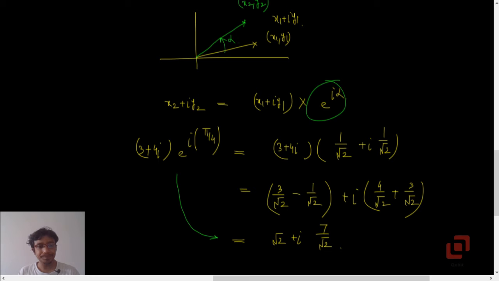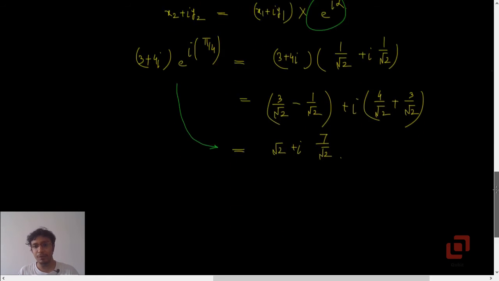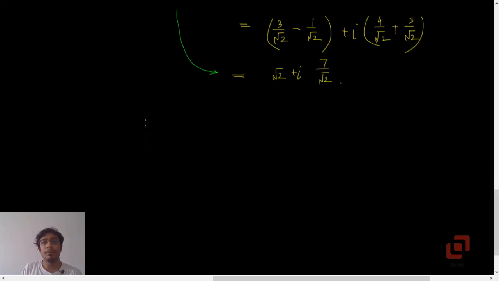Okay, and similarly you can come up with simplified versions for multiplying two complex numbers and dividing two complex numbers. Okay, so suppose z1 is our first complex number, r1 e to the power i theta 1, and z2 is our second complex number, r2 e to the power i theta 2. So what will z1 into z2 be?